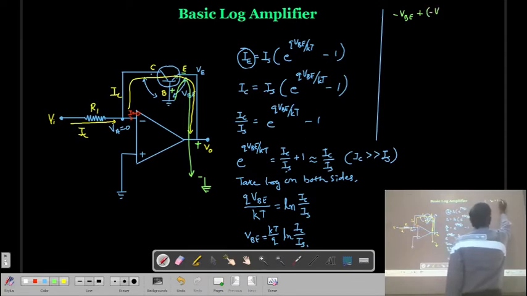So this is minus VO equal to 0, and therefore we can have VO is equal to minus VBE.